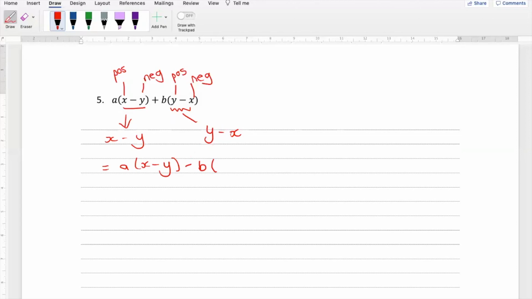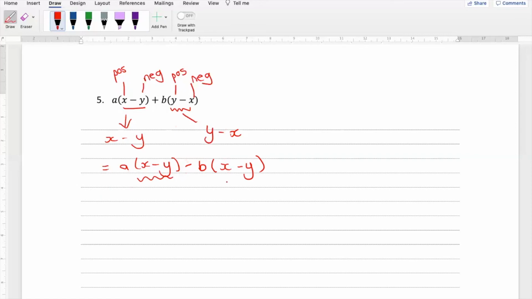But now, because I've multiplied that by a negative 1, I can change the signs inside the bracket. Okay, so now I've gone from y minus x to x minus y, but only because I've also changed the sign on the outside. So you can change the sign on the inside of the brackets, but you have to change the sign for both terms if you change the sign on the outside of the brackets too.